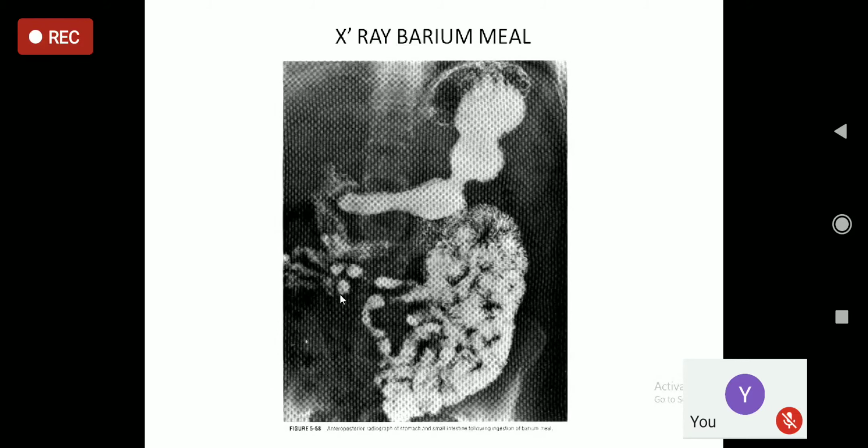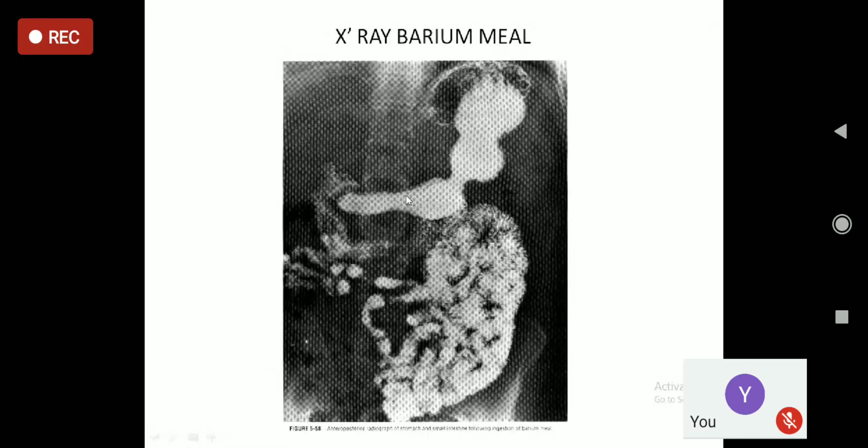Here in this picture, this is the contrast X-ray of stomach and intestine. Here we can see this is the stomach, and this is the peristaltic wave traveling through the stomach. So barium meal may suggest any constriction or pyloric obstruction, or any other abnormality like gastric carcinoma.